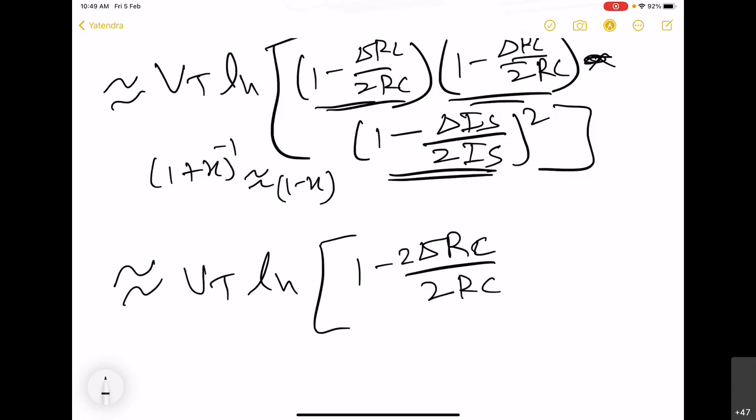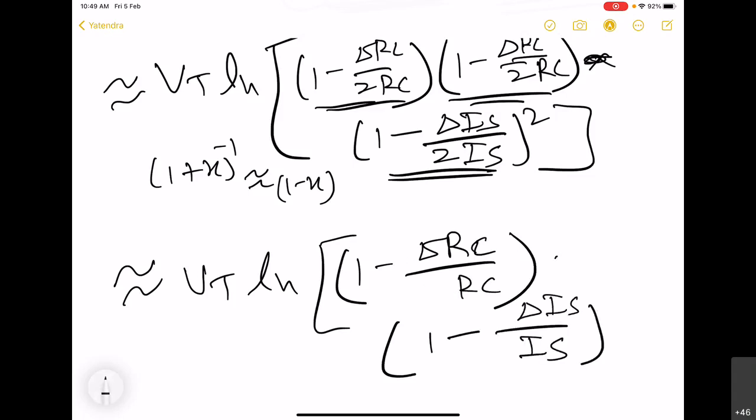The second term we are going to neglect. So that is why we will have this, and similarly for the IS term. And this 2 will get cancelled out. So similarly for IS also we will have delta IS by IS.